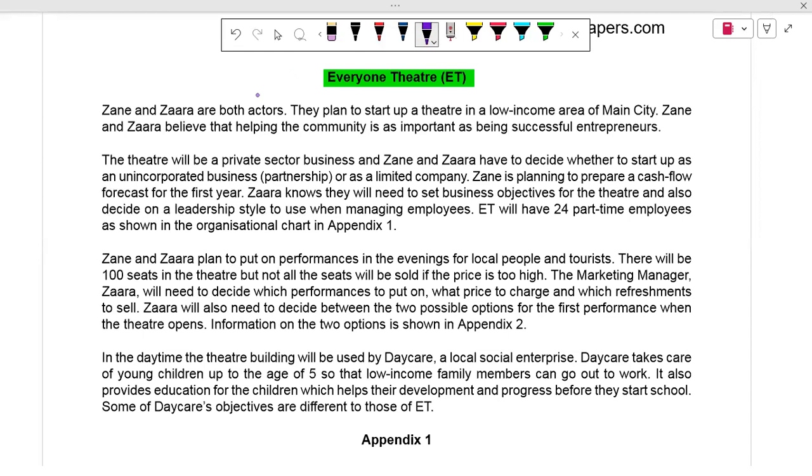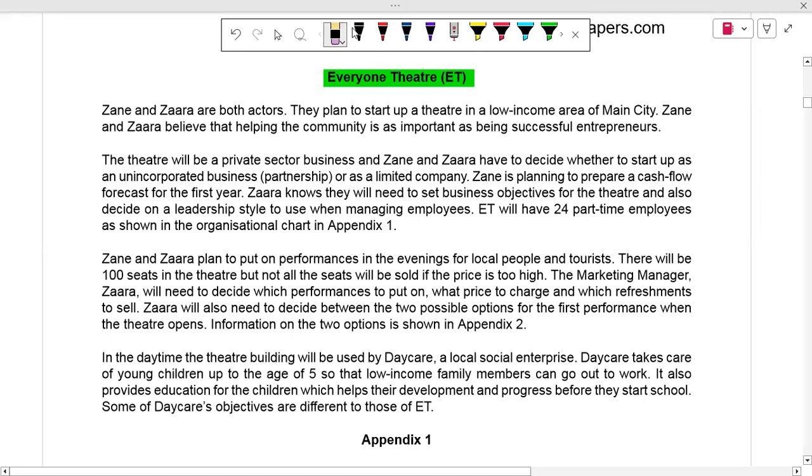So if they are actors, it means that they are skilled in acting. They have knowledge of how to do acting. So it means that they can easily manage this theater, because they themselves are actors. So this is one quality.